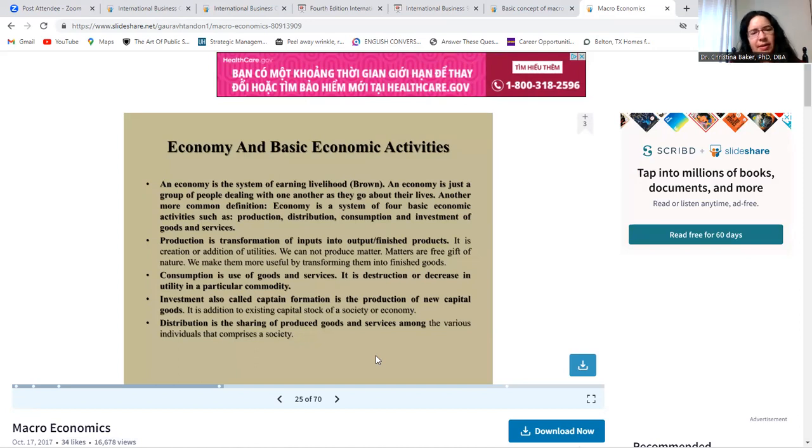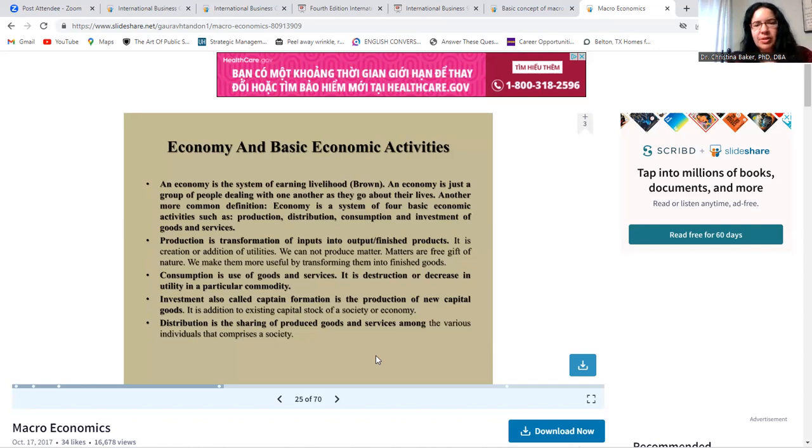It is the creation or addition of utilities. We cannot produce matter. Matter is a free gift of nature. We can only make it more useful by transforming it into finished goods.